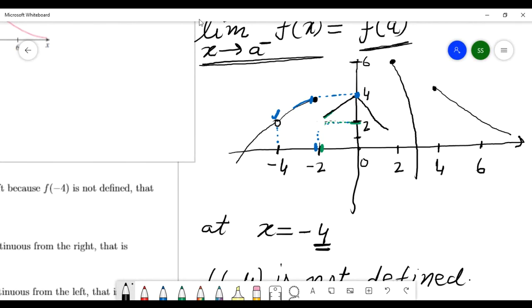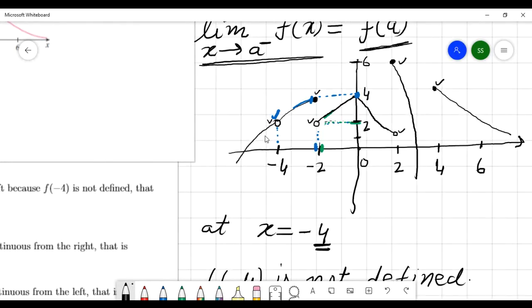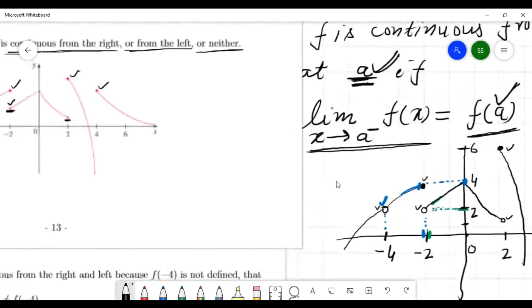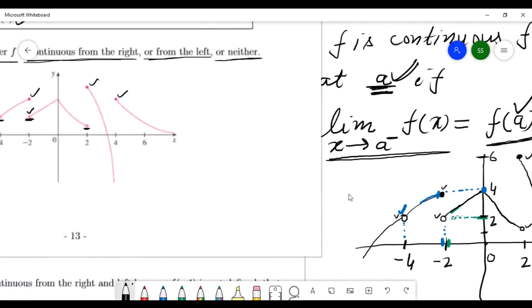Here it is open. This is open here. This is also open here. This one and this one open. This closed, and this closed. Okay, now this is open. Check the graph. Now this is open. Yes, now this is okay.